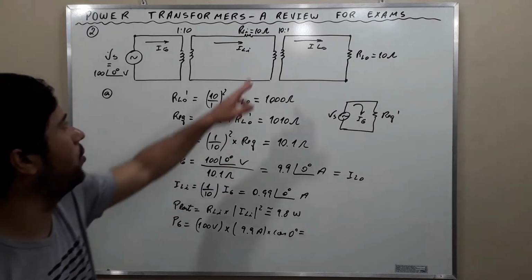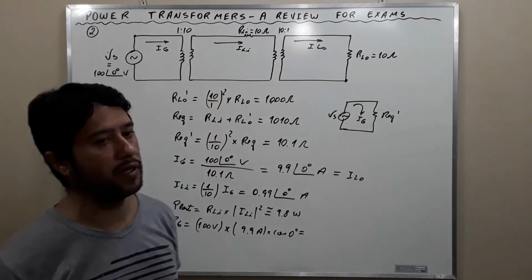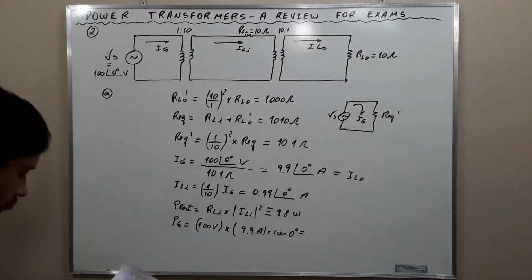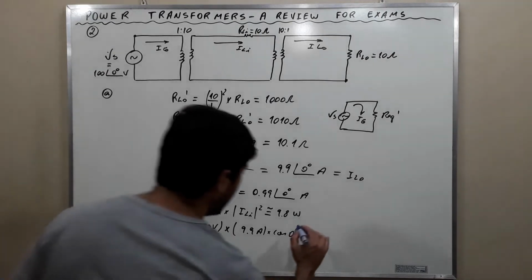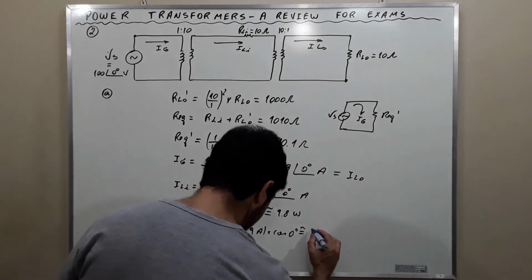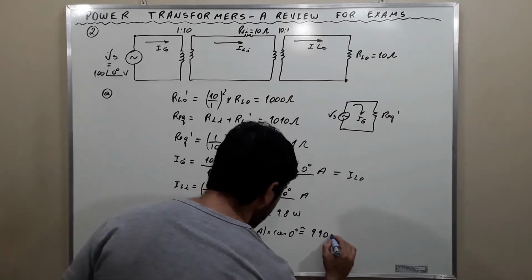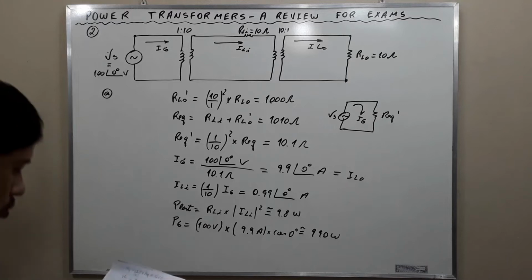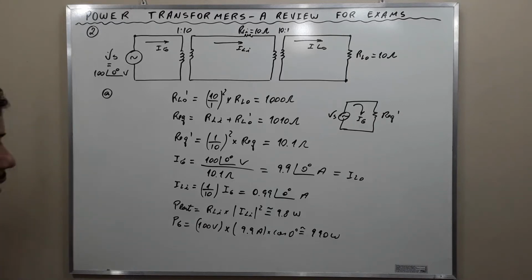We are dealing only with resistive elements, so the angle is 0, and we find a power of approximately 990 watts.